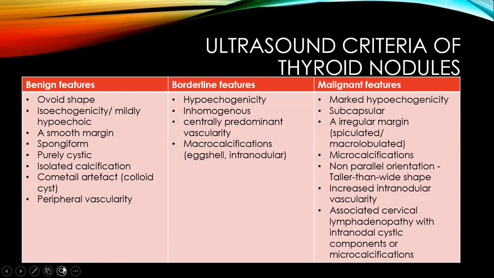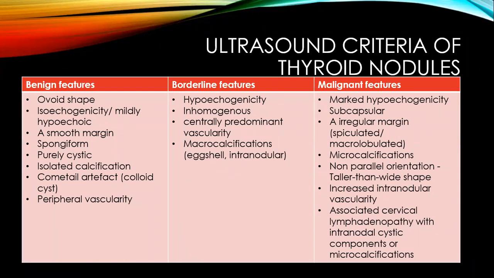And if we find an isolated comet-tail artifact in cases of colloid cyst, and if our vascularity is peripheral, those features favor benign.